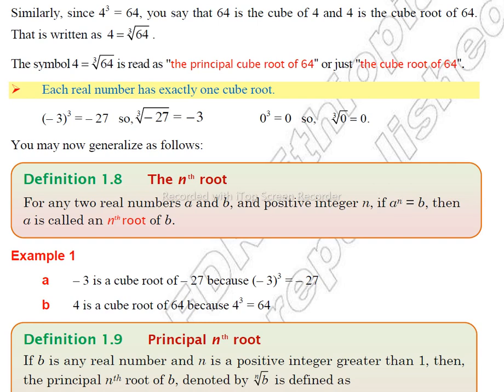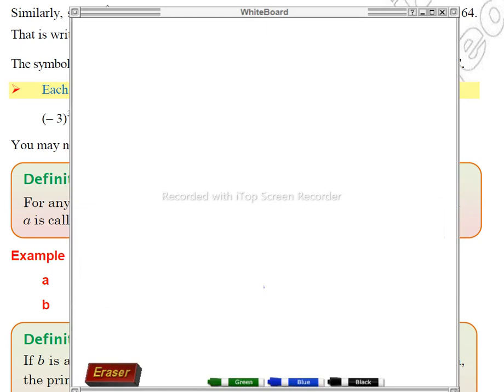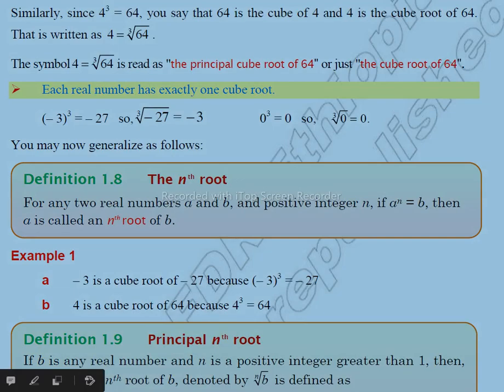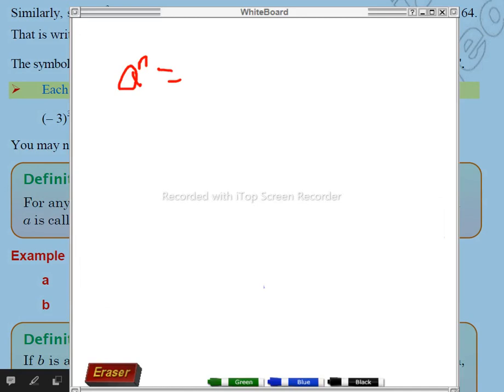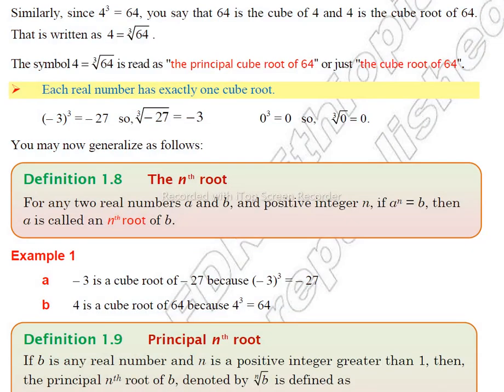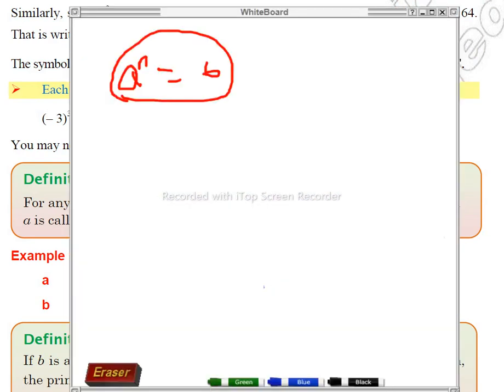We say that generally. This means the nth root of b is a.